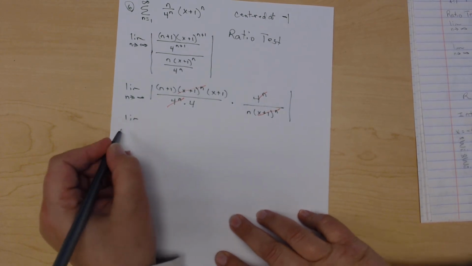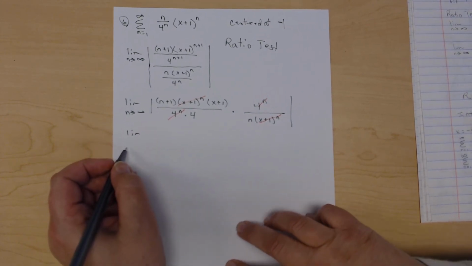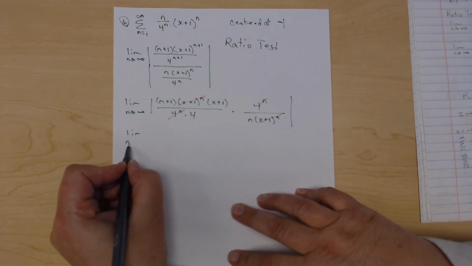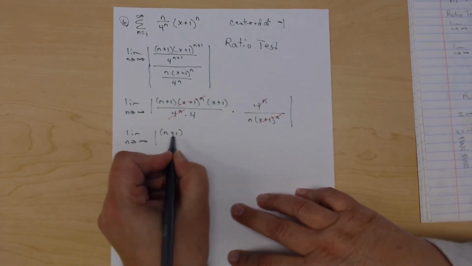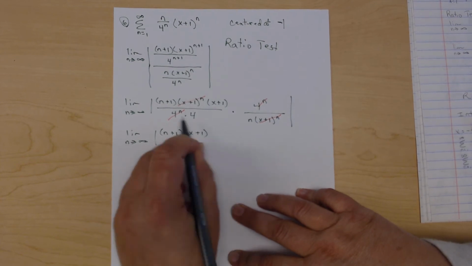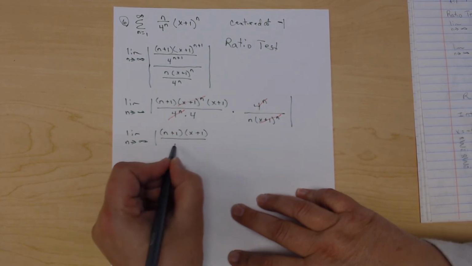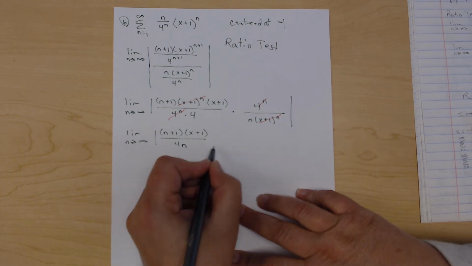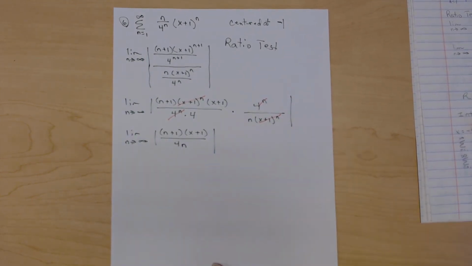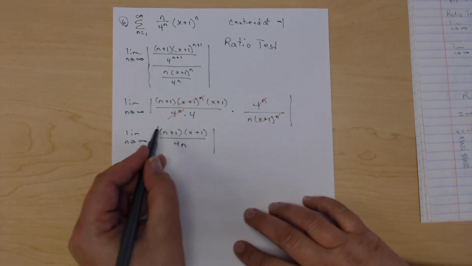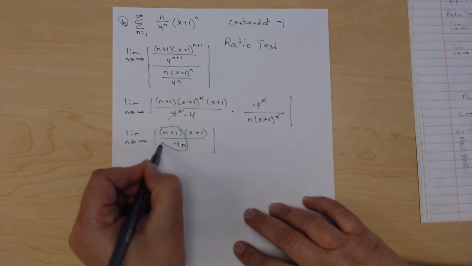So we got the limit as n approaches infinity, absolute value of n plus 1 times x plus 1, and then on the bottom, we just have 4n. So that's pretty good. That actually made a big difference. Okay, so we're just doing the limit on this part because this is the part that has the n's.